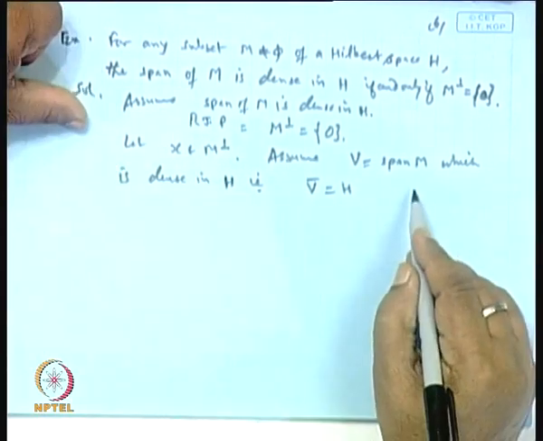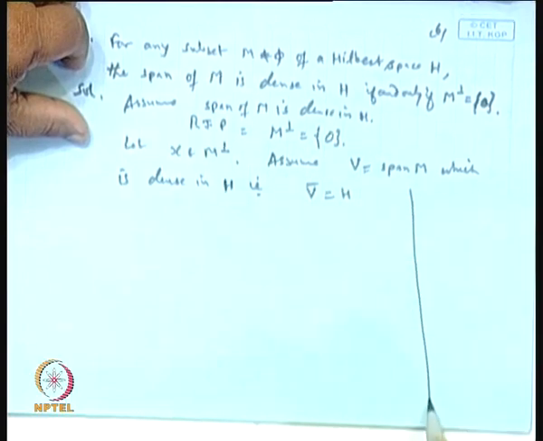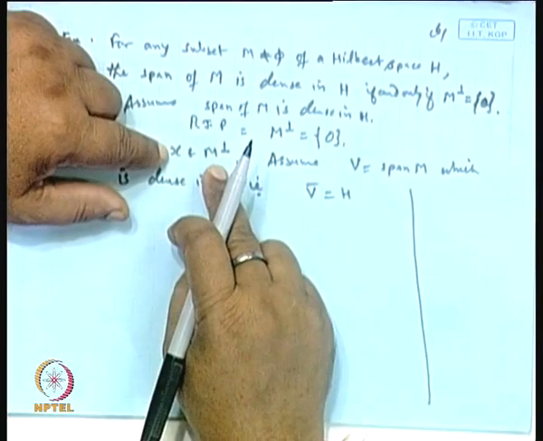So by the projection theorem, X can be expressed in terms of M perpendicular and something else, so it must be a point of H also.